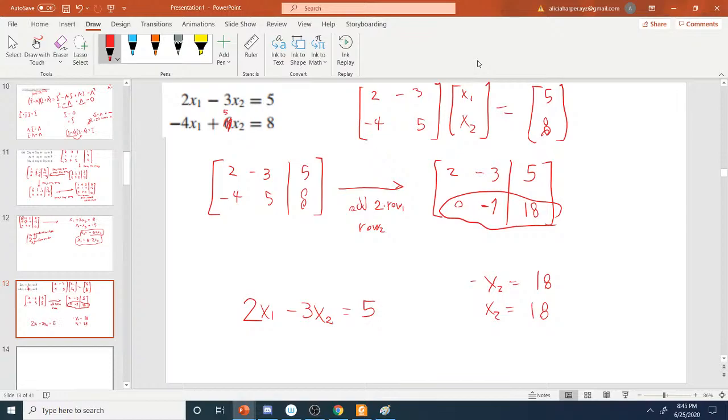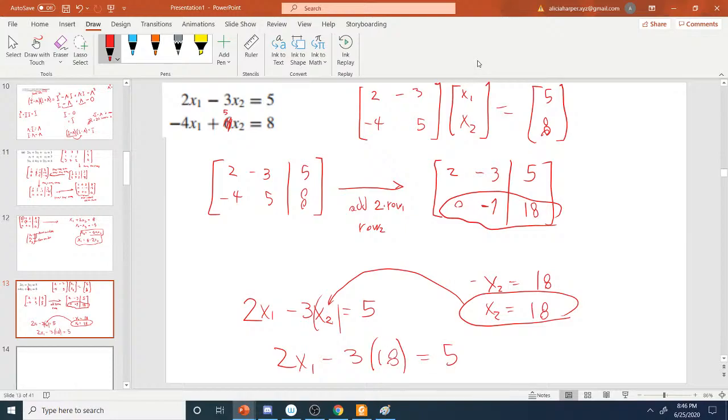Now I can actually do a back substitution, and I can take what I know about x2, and I can plug it in for the x2 here, and I get 2x1 minus 3 times 18 is equal to 5, which means x1 is going to be equal to 5 plus 3 times 18 divided by 2.